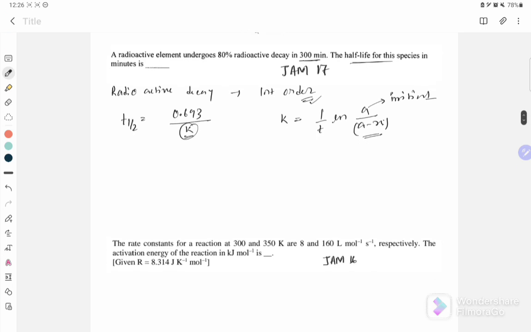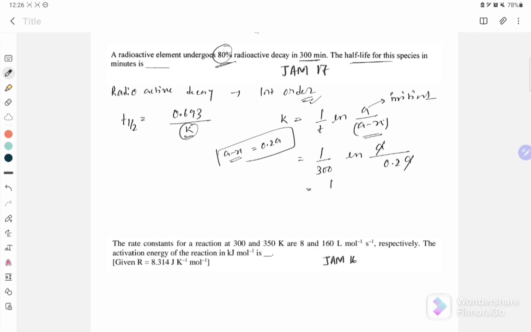Here 80% decay means 20% is remaining, so A minus x is 0.2 A.